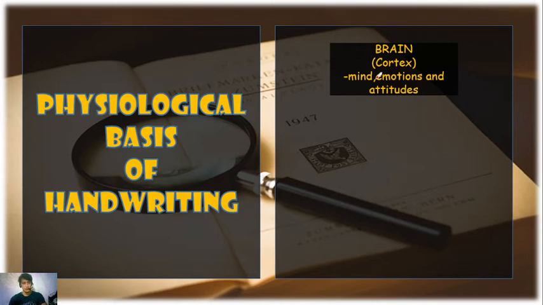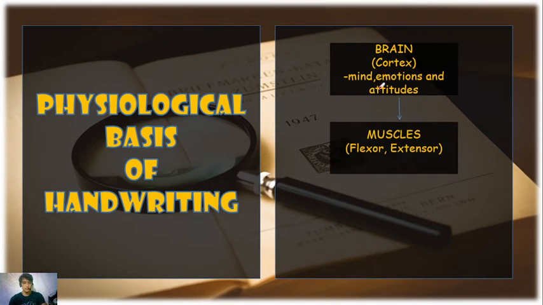Especially when it comes to the things that we observe in our environment, what we see, what we feel, what we taste. These are the things that are perceived by our senses and processed in our brain.